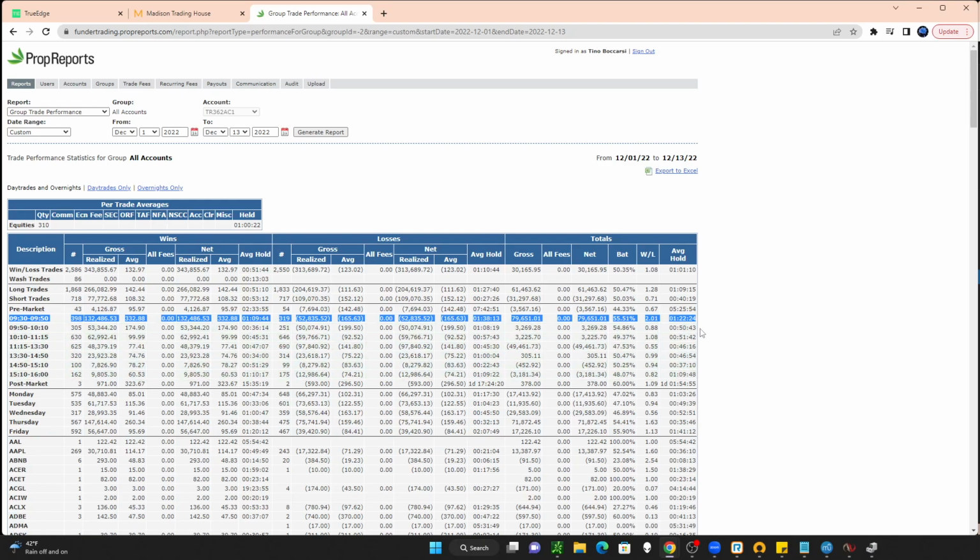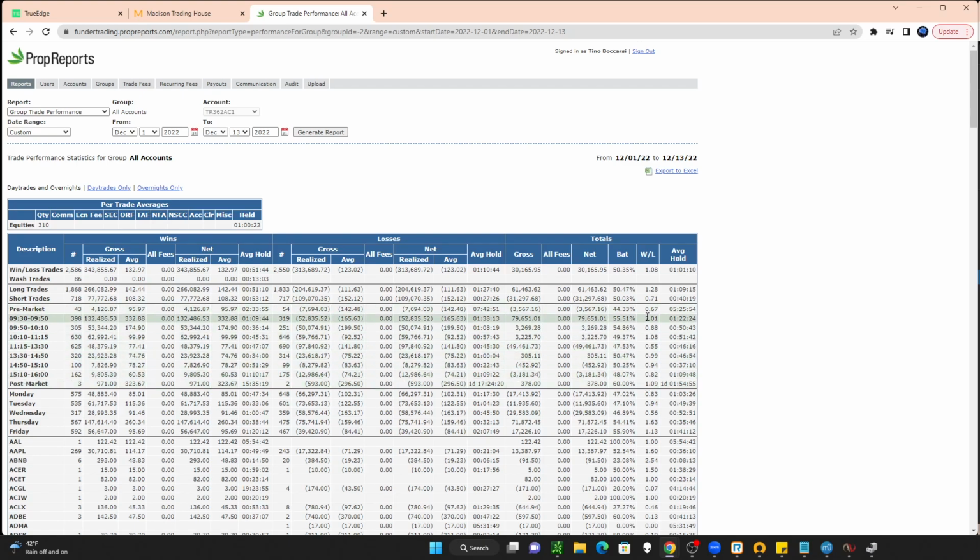Now, after this point of the day, pretty much the odds are fairly similar. Like 10:10 to 10:15, your win to loss ratio is 1.08. Here it's 0.99. Post-market I won't count because that's not supposed to happen.